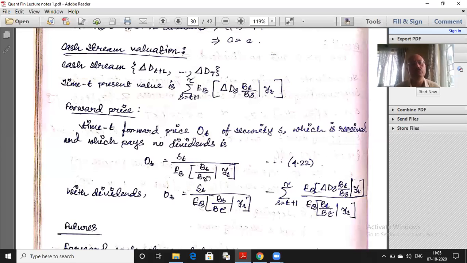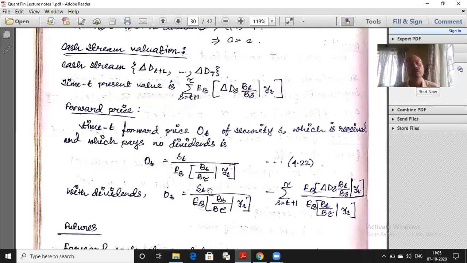So this is from t to tau. I divide it here. I can also write it in a multiplicative manner here. So again, I am allowing for stochastic interest rates, so I am using expectation here. If they are non-stochastic, then it will be just a multiplicative formula. So this formula is the same as this formula here, the same principle.